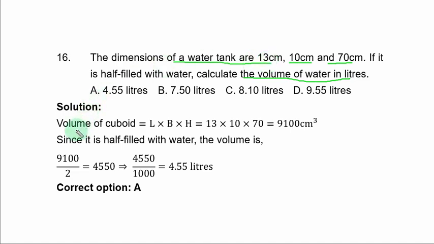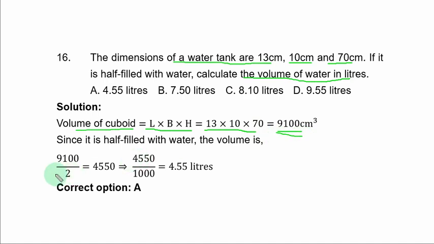So the volume of a cuboid is equal to length times breadth times height. That is 13 times 10 times 70, and you have 9,100 cubic centimeters.